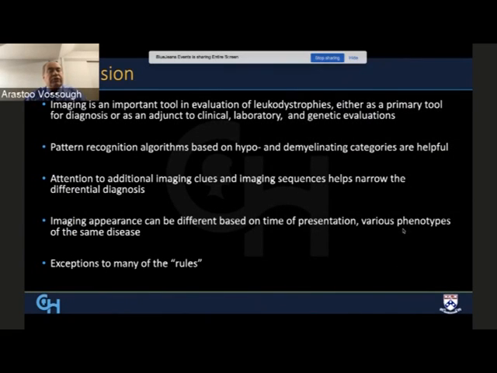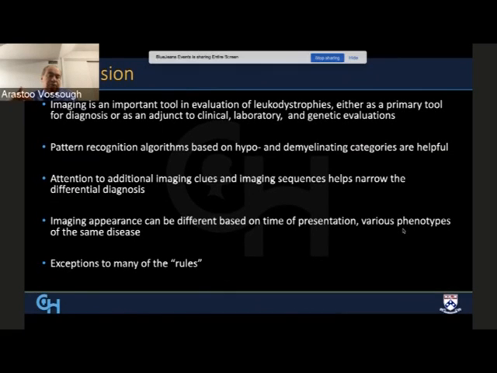So just to conclude, again, this was inevitably an incomplete talk, but imaging is nevertheless an important tool in the evaluation, either as a primary tool or as an adjunct to the clinical, laboratory, and genetic evaluations. Pattern recognition based, let's say, on hypomyelinating and demyelinating categories is helpful. Looking at the additional clues and additional imaging sequences and what they can provide us can be helpful.